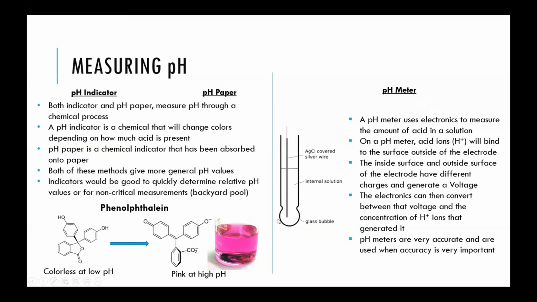A pH meter is something stylized like this, where you have a glass tube with a little glass bulb on the end, and the inside of the tube is hollow. Inside, there's a solution with a known concentration of ions and a known concentration of H+, so that doesn't change. And you put that into the solution that you're trying to measure.